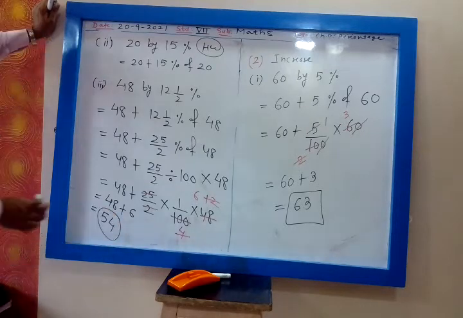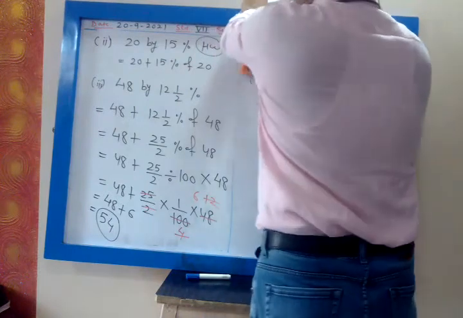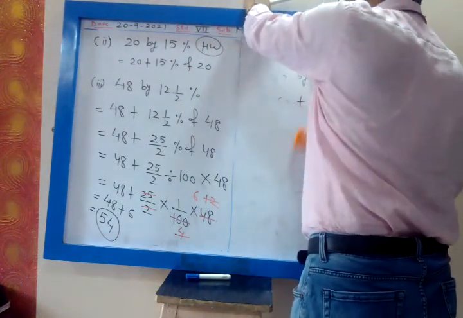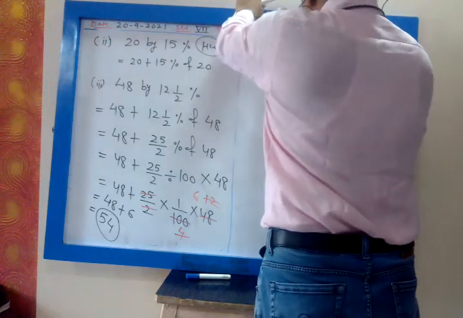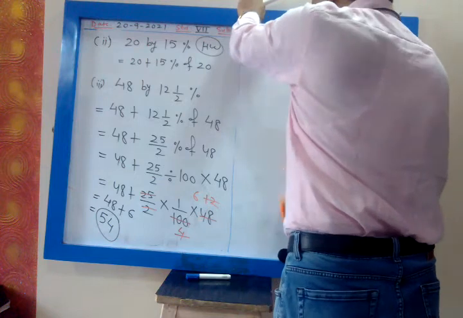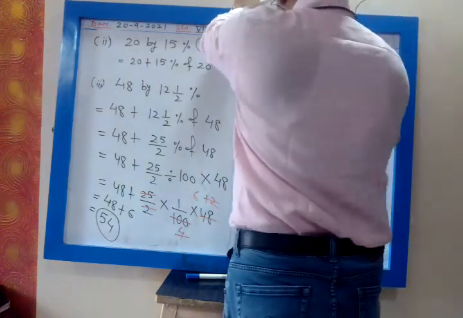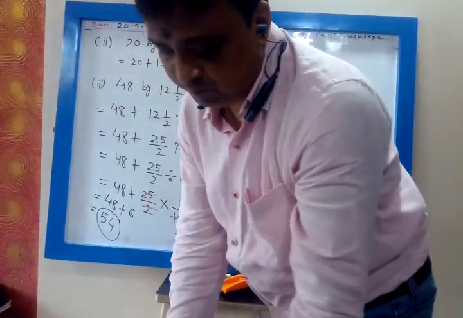Everybody has understood? Okay. Answer is 54.